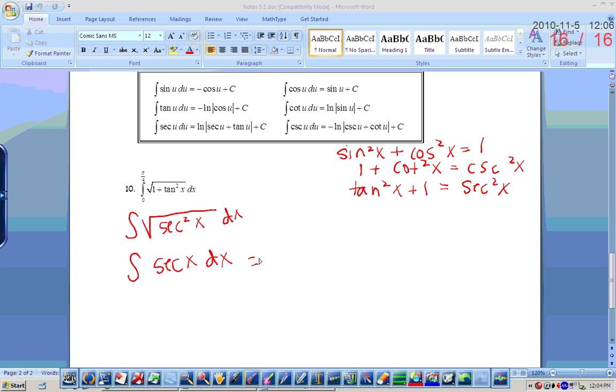And the integral of secant x up here in this little box is the natural log of secant x plus tan x plus c. But I don't really need the plus c because this is really a definite integral. It's like the square root of x squared is just x.